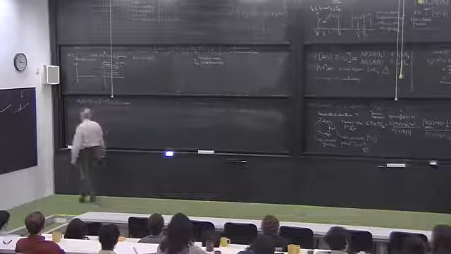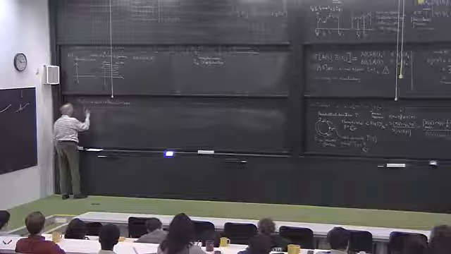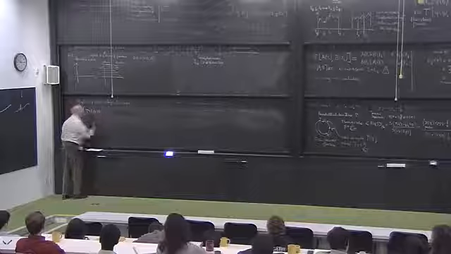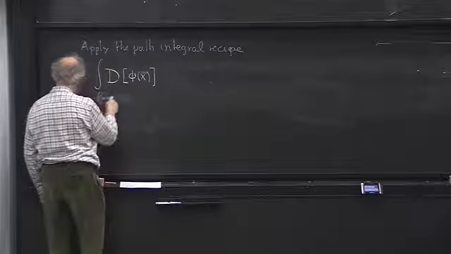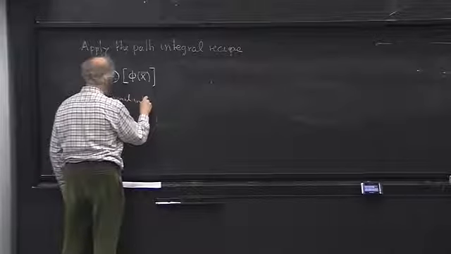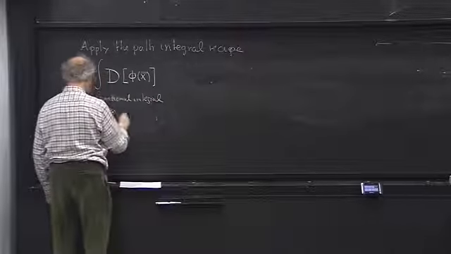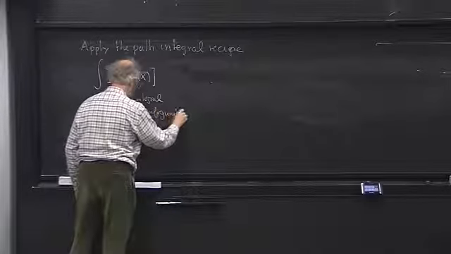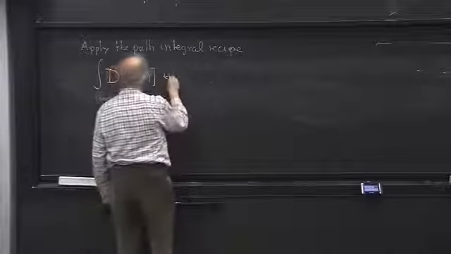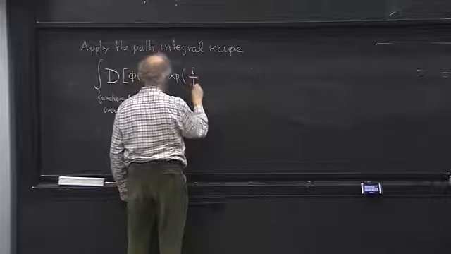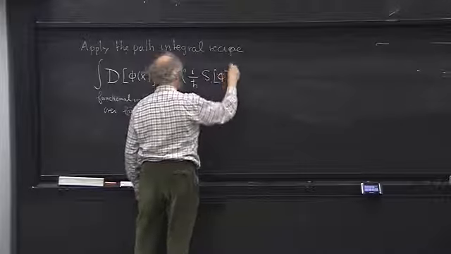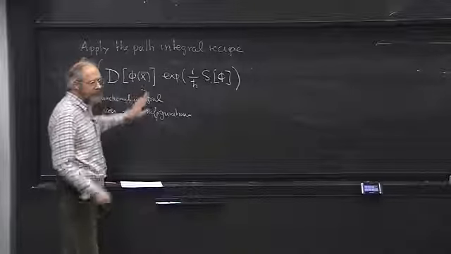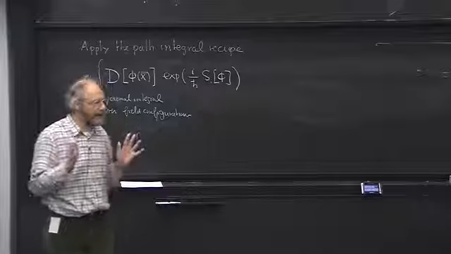Then you obtain a functional integral over field configurations with a phase factor which is exponential of i over h bar S of phi, with a measure that has to be defined.